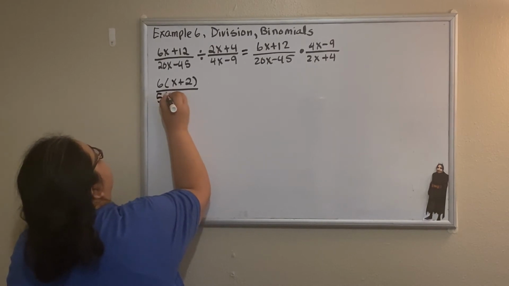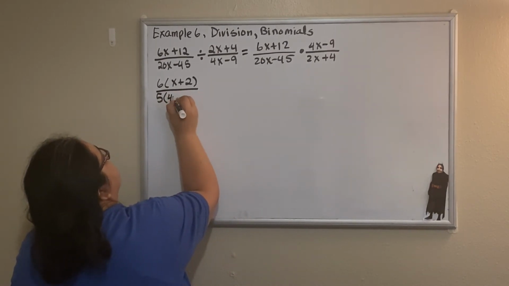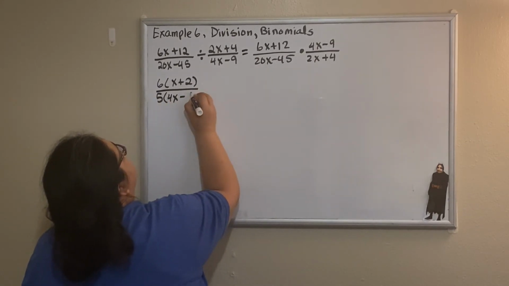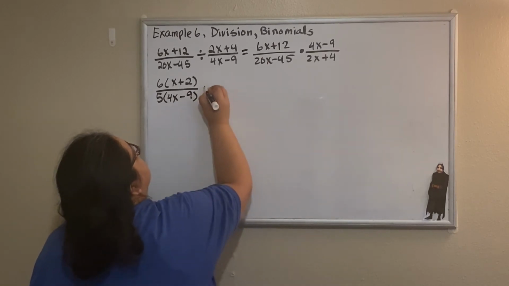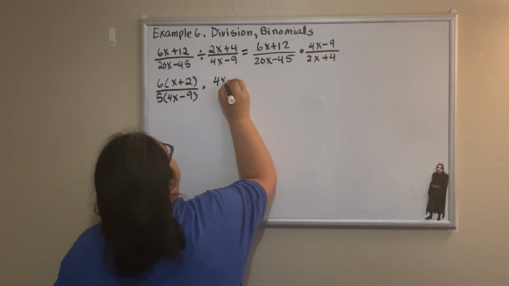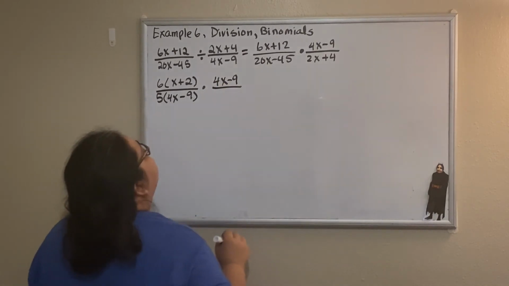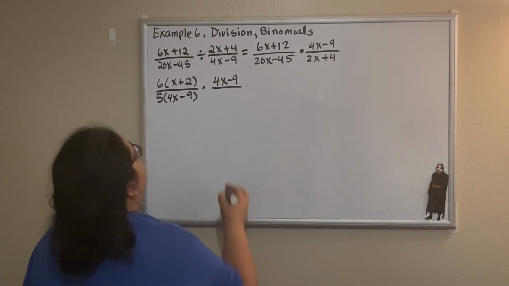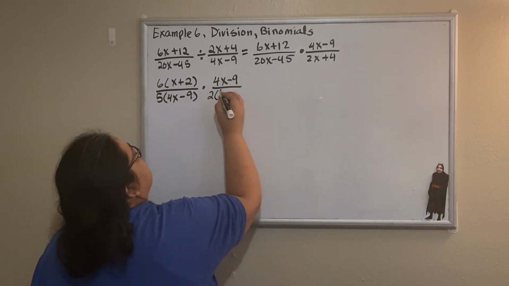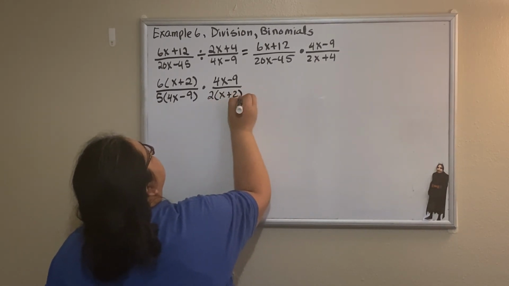So we're going to factor a 5, open parentheses, 20x divided by 5 is 4x, minus 45 divided by 5 is 9, close parentheses, times 4x minus 9. There's nothing to factor there, so we're going to leave it alone, over 2x plus 4. I can factor a 2. So we're going to write 2, open parentheses, and then 2x divided by 2 is x, positive 4 divided by 2 is a positive 2.